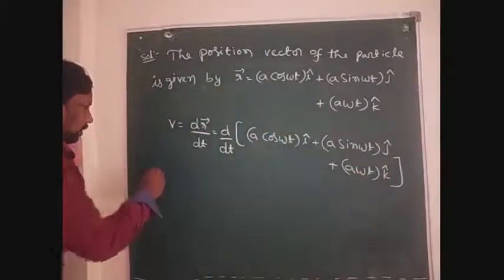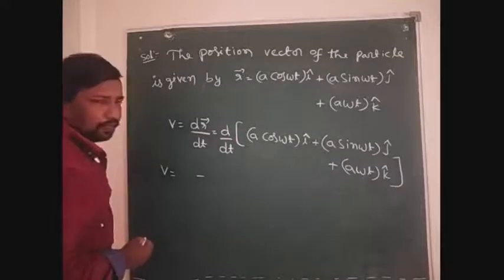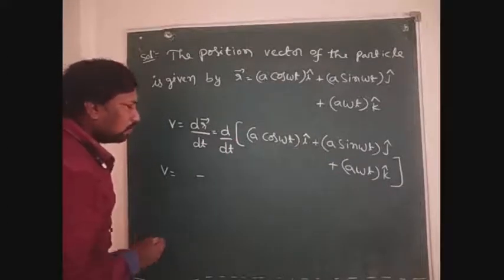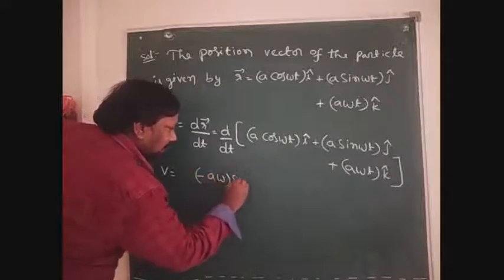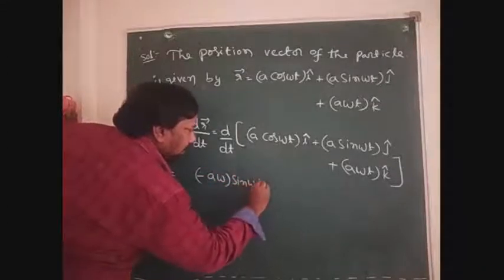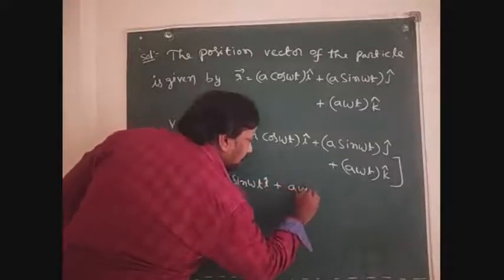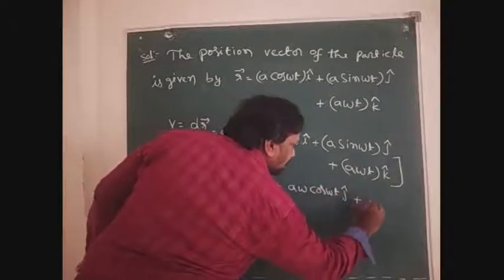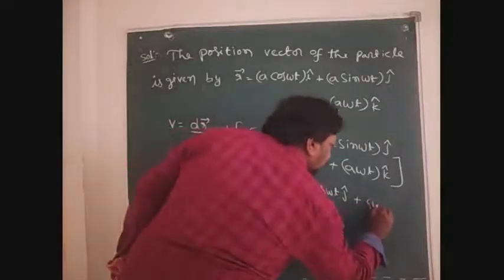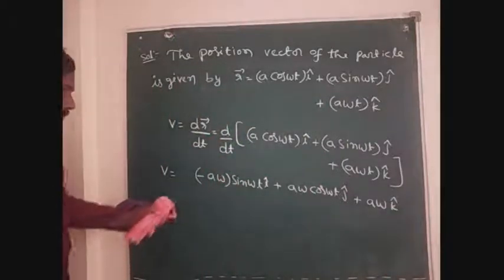So here v equal to minus a omega sin omega t i cap plus a omega cos omega t j cap plus a omega k cap.